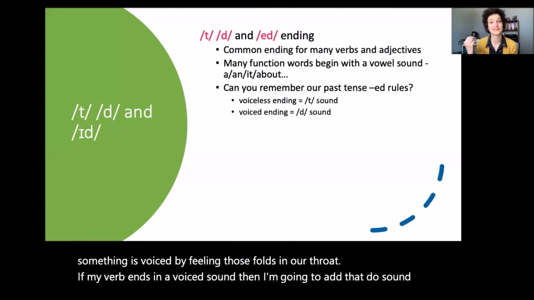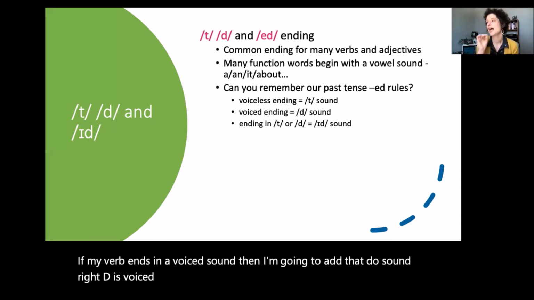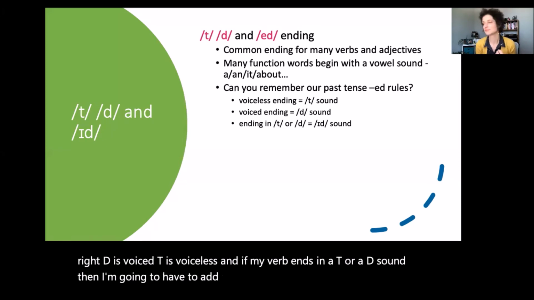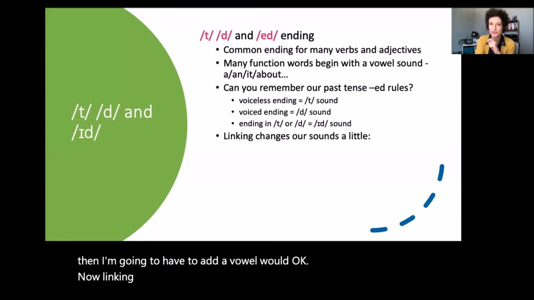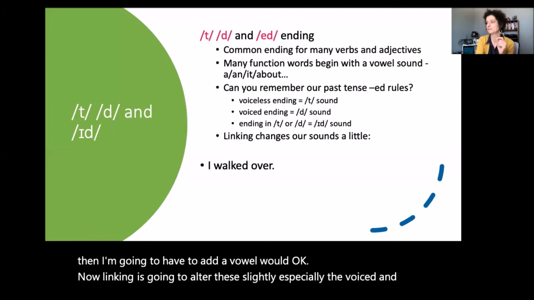D is voiced, T is voiceless. And if my verb ends in a T or a D sound, then I'm going to have to add a vowel, ud, okay? Now, linking is going to alter these slightly, especially the voiced and the voiceless T ending.